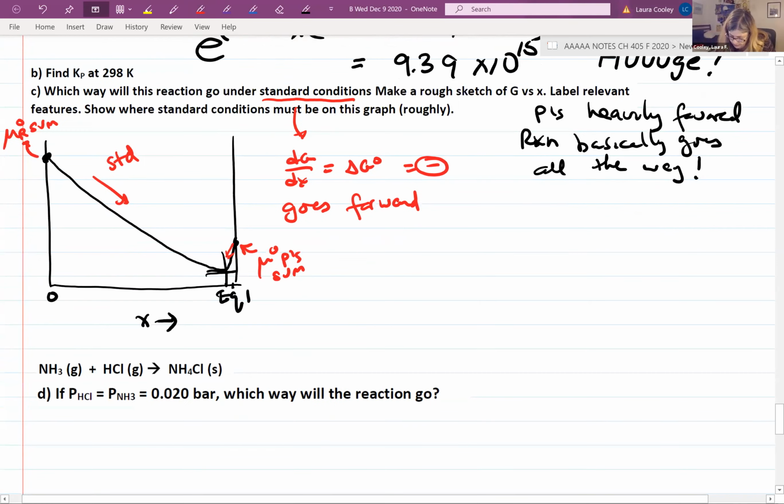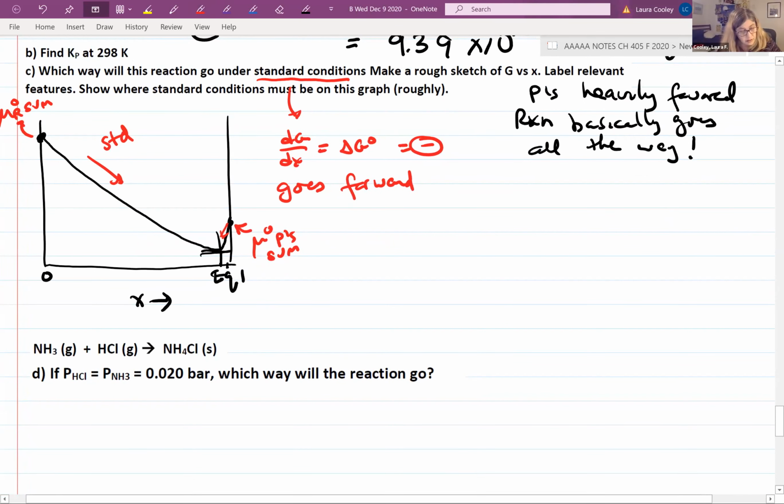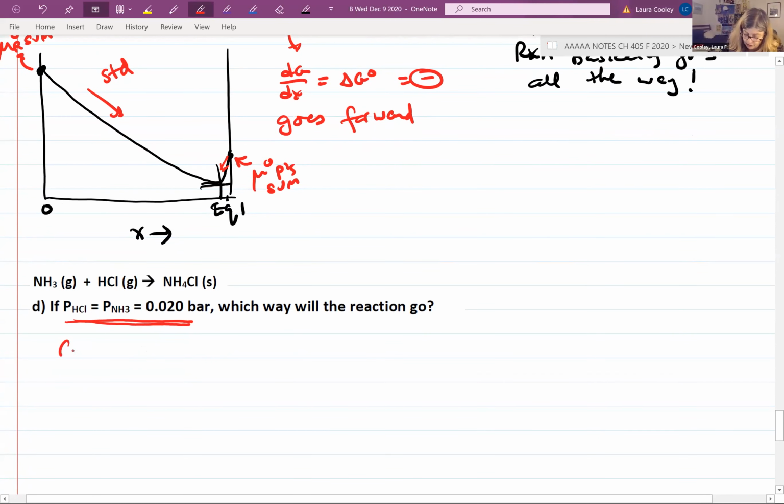And now, if PHCl and PNH3 pressures are all 0.02, which way will the reaction go? Those are pretty low pressures of these reactants, so you'd think you'd be pretty far over to the products. Maybe it would go back the other way. But in fact, that's not true, because QP is 1 over PHCl PNH3. So we have to calculate delta G0 plus RT log of that QP.